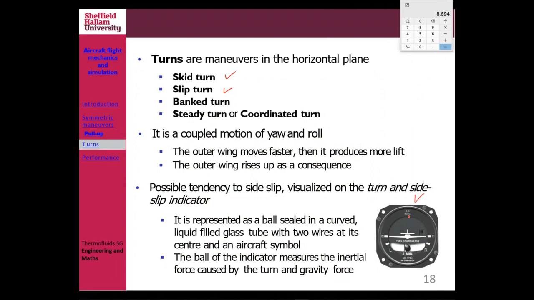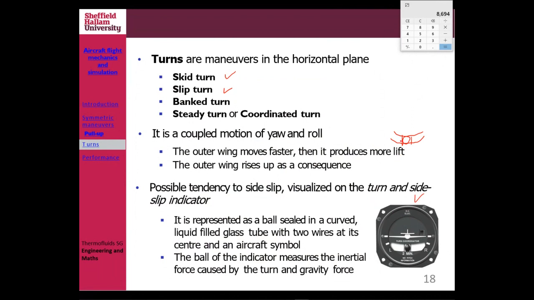But of course, if you are familiar with the electronic flight instrument systems, it is usually integrated with the primary flight display, which usually shows at the bottom of the display, more or less representing the ball rolling.